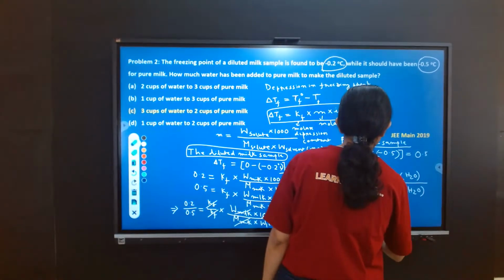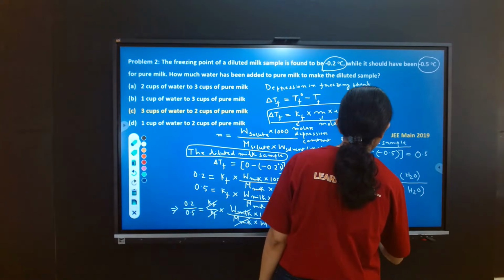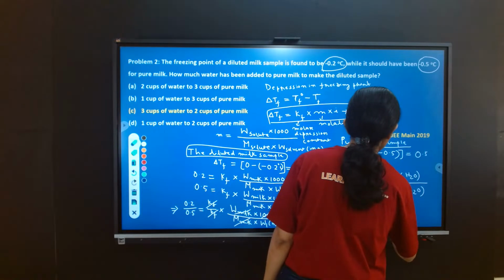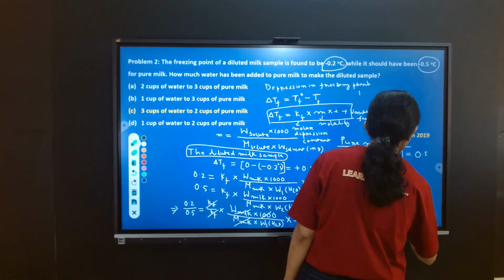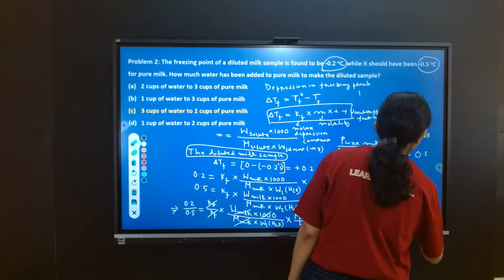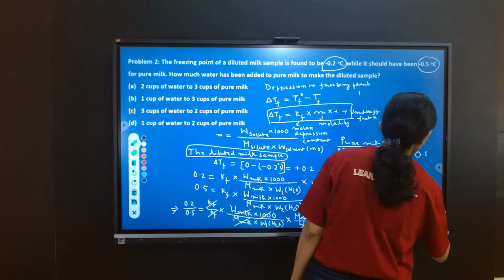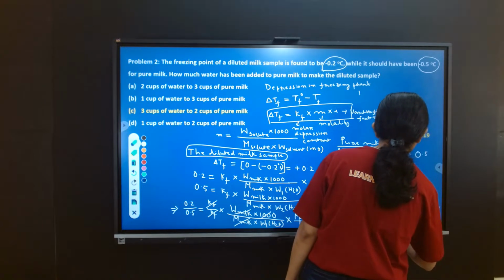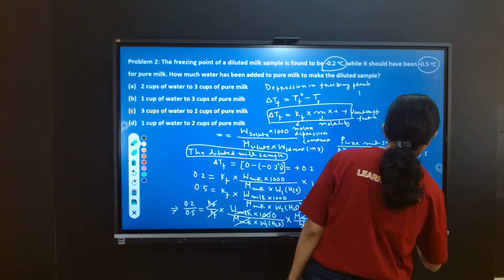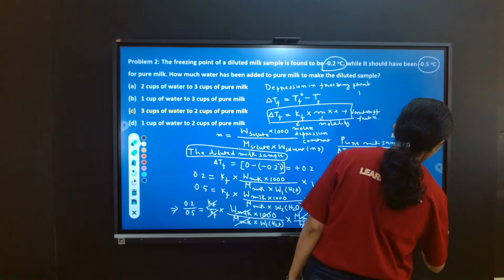So this is giving you 2 by 5 is equal to W2 water in pure milk divided by W1 water in diluted milk.